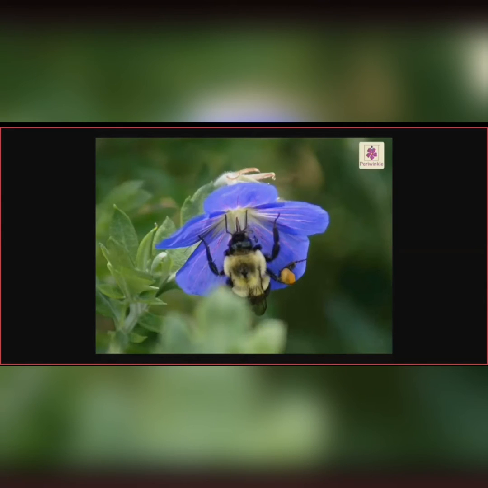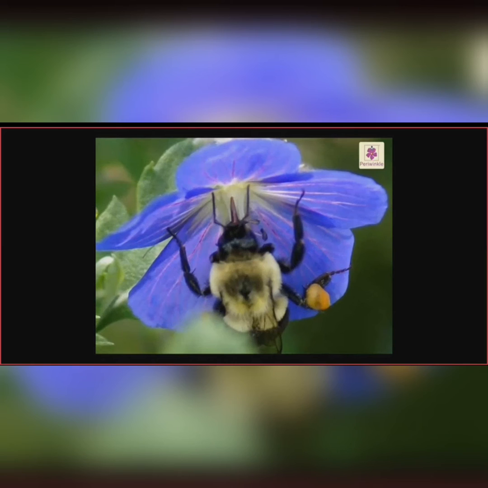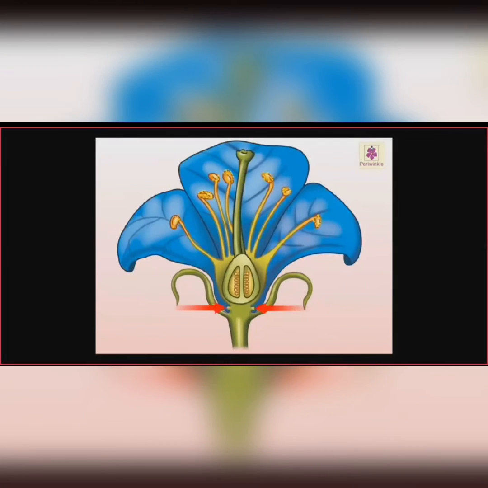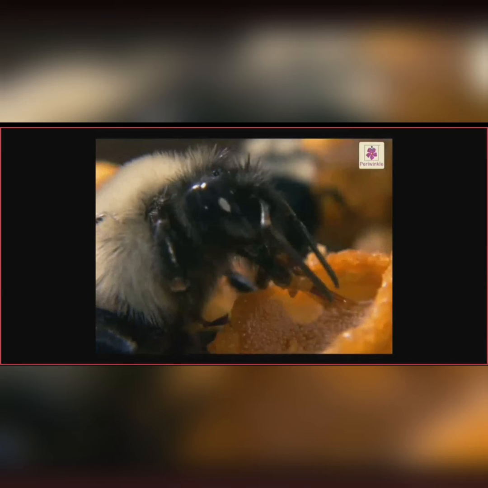The bright color of the petals or the scent of the flowers attracts the insects. At the bottom of the petals are tiny cups called nectaries, where nectar is produced. Insects enjoy feeding on nectar.